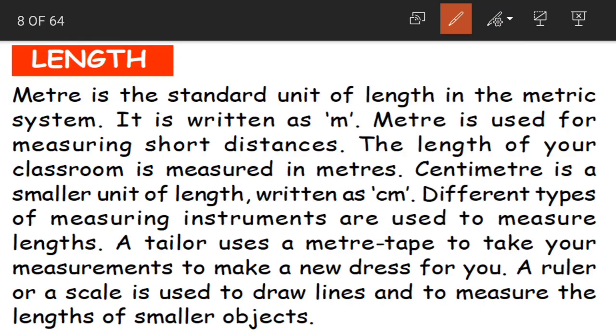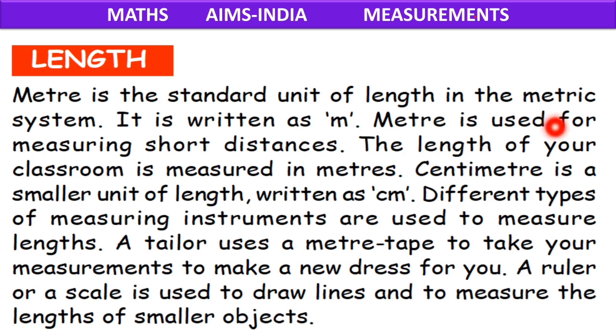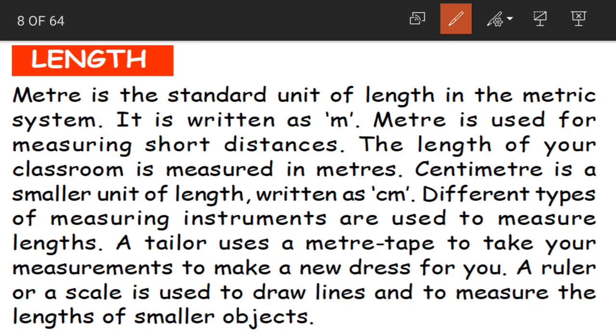Just now we have learnt about our metric system. The metric system is a standard unit of measurement, and in that metric system, for measuring the length of certain objects, what do we use? We use meter. It is our standard unit of length.